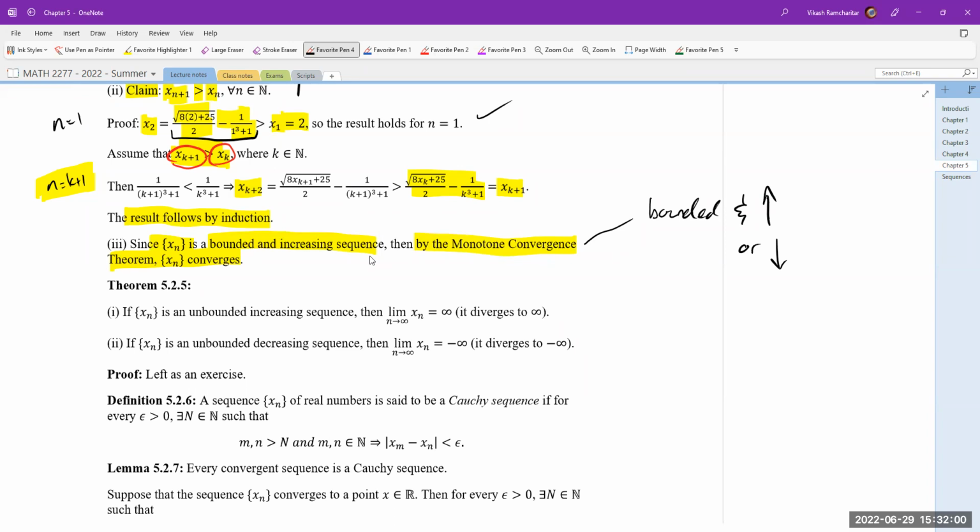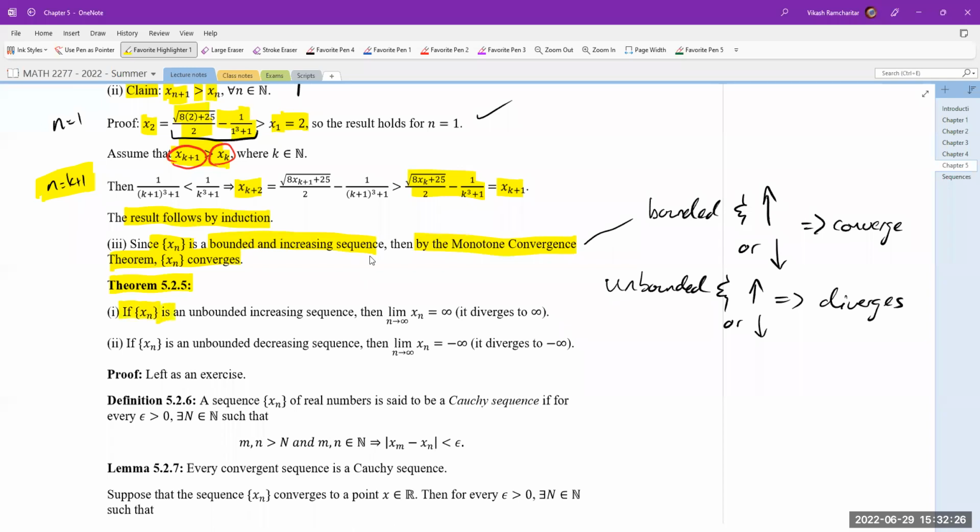Okay, it converges. What about the case if it's unbounded and increasing or decreasing? Then this implies divergence. Or I'll just put diverges. Okay, and that's given by this result.